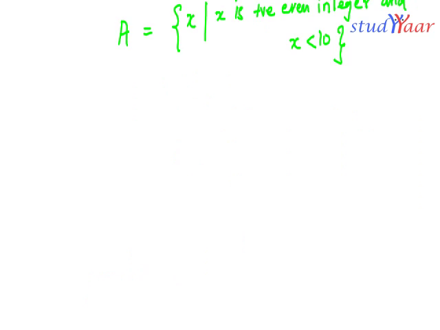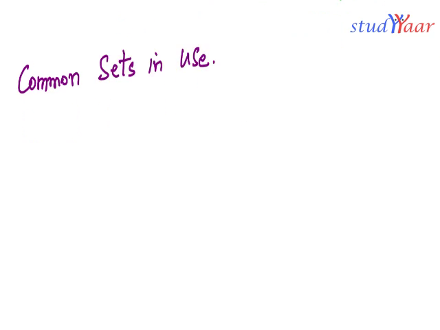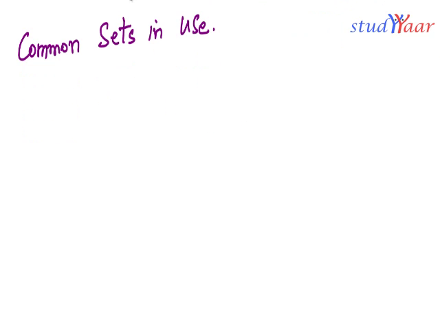Now let's look at some common sets that we normally use. I would just write it as common sets in use. These are the set of all natural numbers. It is normally represented with an N, and it is the set of all natural numbers.